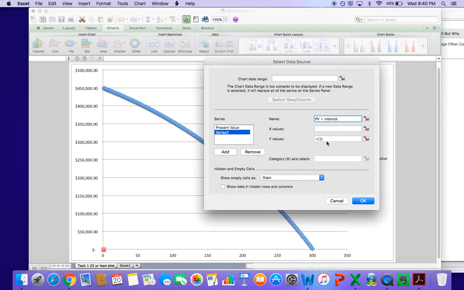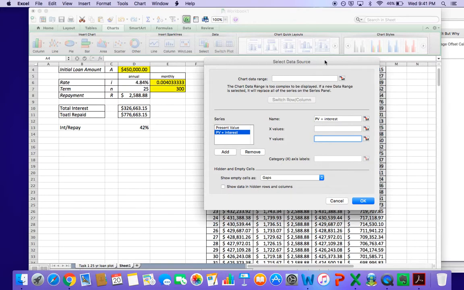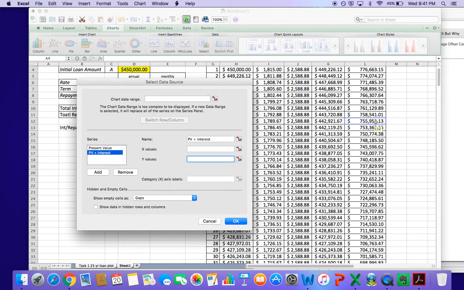Then the X values is N, the time, the 25 years or the 300 months. I can leave that blank. If I leave it blank, it will automatically work off the other series, this present value series. So I'm just going to put in the cell values for the Y values, which is this column here.